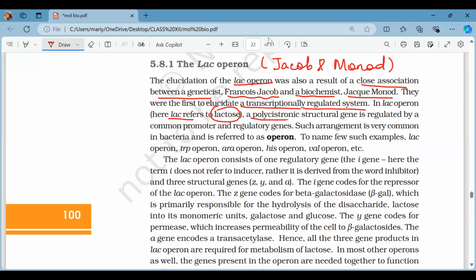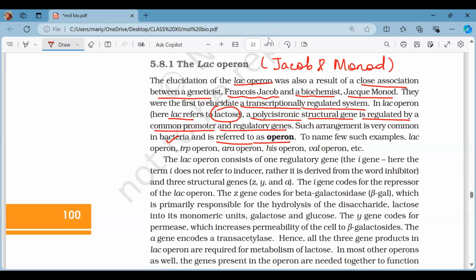A polycistronic structural gene is regulated by a common promoter and regulatory gene. Such an arrangement is very common in bacteria and is referred to as an operon. So, an operon is a regulatory system present in bacteria, and we are going to talk about how gene regulation, or expression, takes place in bacteria, which are prokaryotes.